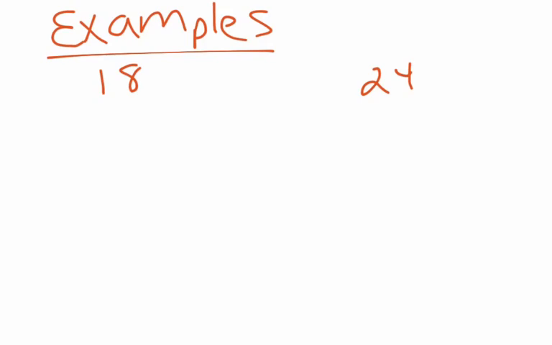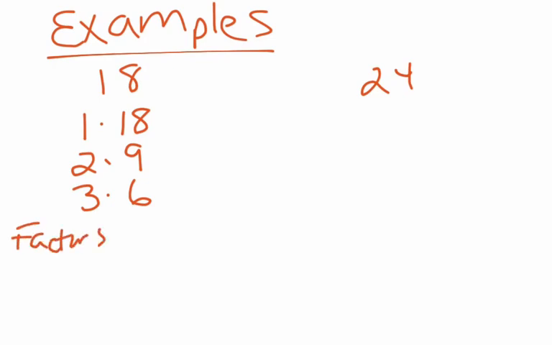Okay, and this will become a useful skill when we start factoring trinomials. So to get 18, I could do 1 times 18, 2 times 9, or 3 times 6. So the factors are 1, 2, 3, 6, 9, and 18.